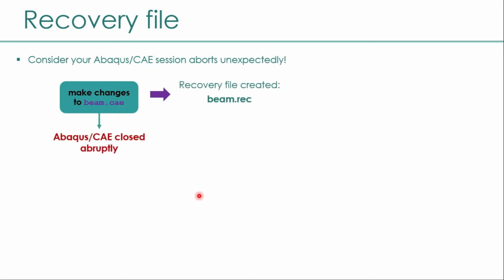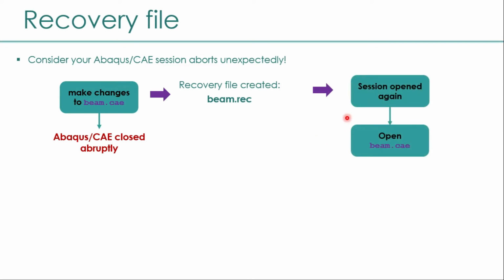Let's consider another scenario. Let's say you made some changes in your model database, and now Abaqus closes abruptly. Next you open the session once again. Whenever you open a new Abaqus session, it checks for the abaqus.recovery file, and if it doesn't find that, it doesn't do anything. Now you want to open the same model database, beam.cae, and you have opened that model.